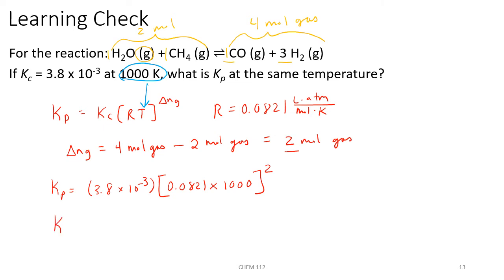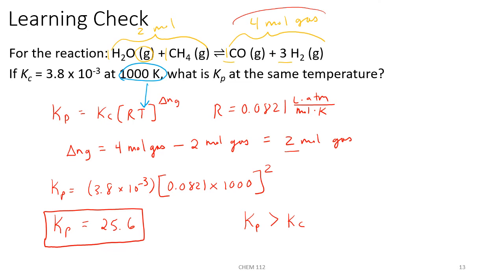So our K sub P comes out to being 25.6. In this case, it's a larger value than the K sub C because we made more moles of gas on the product side.